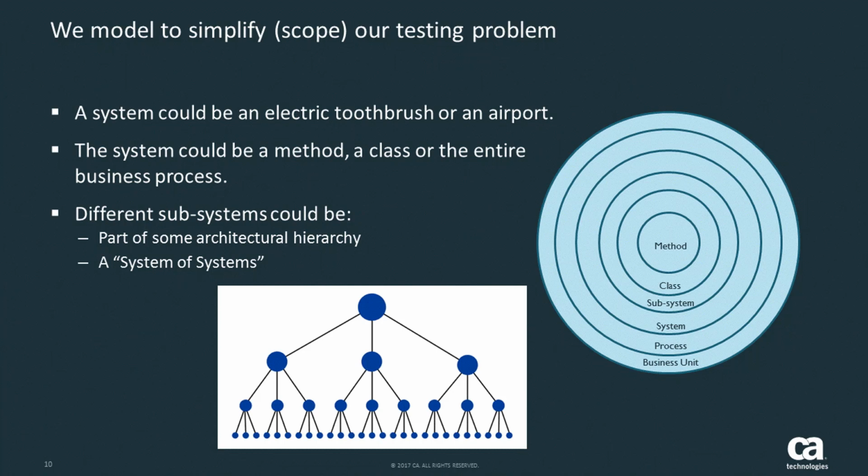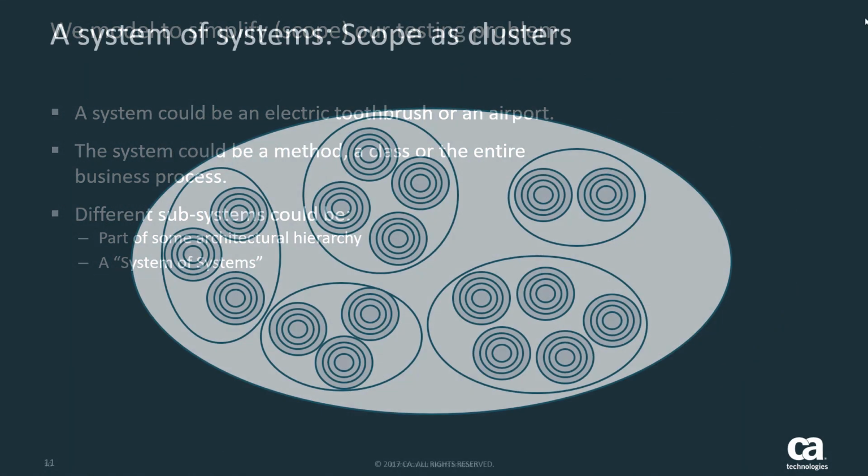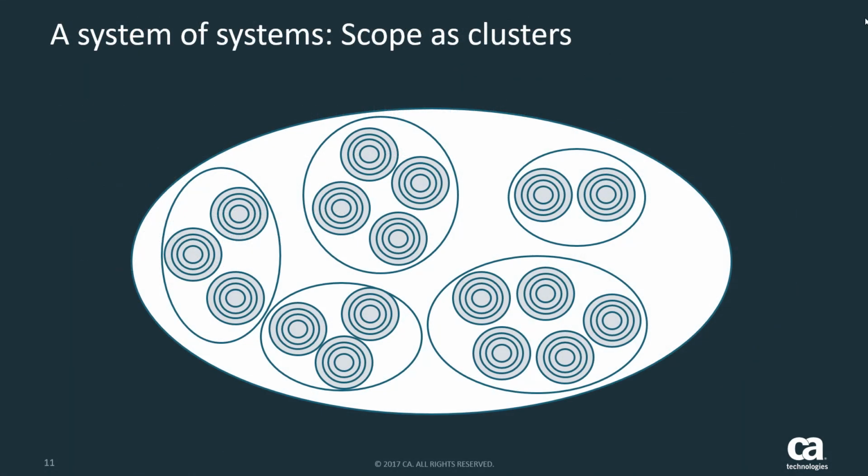Different subsystems could be part of some architectural hierarchy, clearly, but we might also be dealing with something the size of an airport or a battleship or a hospital. And typically systems of this scale are not just one system, they are a system of systems. They're incredibly complex. I've said before that a complex system is often a system of systems. The system itself is so huge, it is broken down into many other systems.